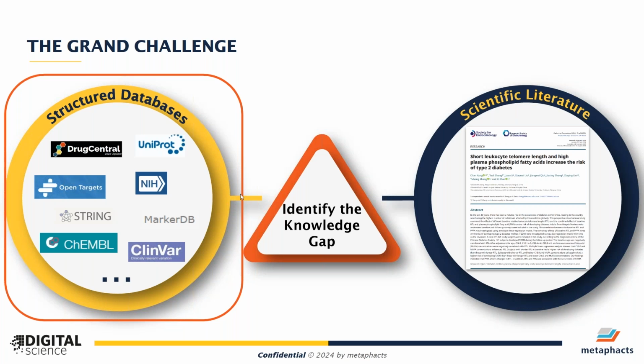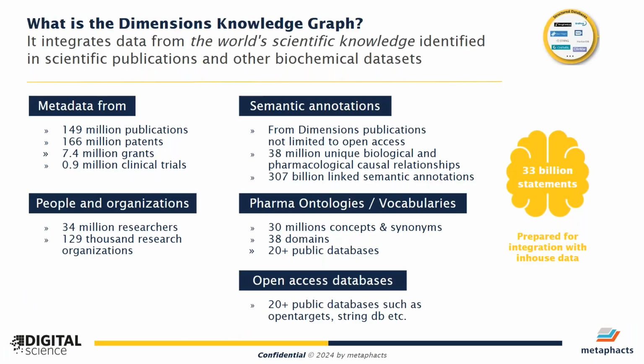And here we have created, we think, probably the largest, at least this is what we strive for, knowledge graph that consists of metadata from all publications, patents, grants, and clinical trials that we find in our product Dimensions from Digital Science.